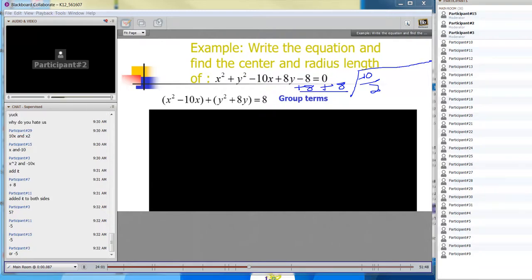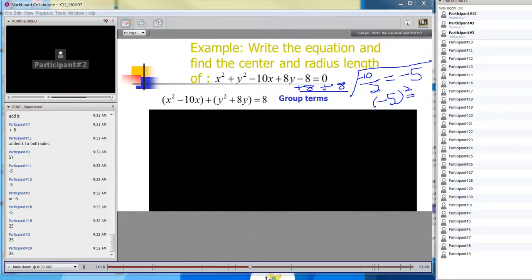Right, we're going to get negative 5. Okay, and if you're subtracting, pull that negative out. Now we're going to take that negative 5 and we're going to square it. So what are we going to get when we square that number? And we're going to square that negative as well. We're going to get 25.